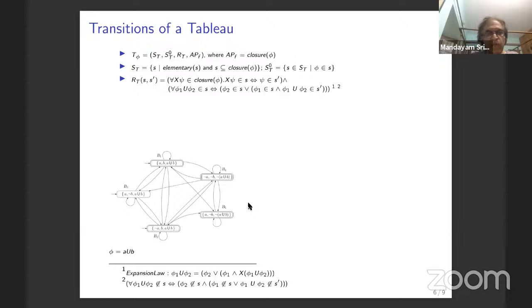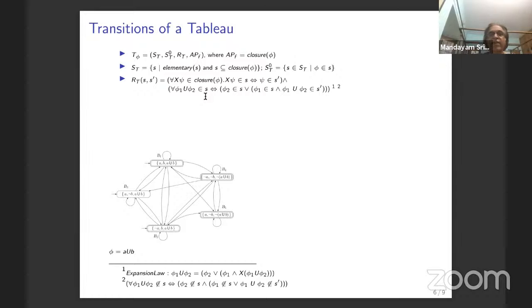Any questions here? Here I've used only one level of nesting to show it. If there are multiple levels of nesting, you have multiple formulas, and you'll have to complete those transitions by instantiating either of these rows.